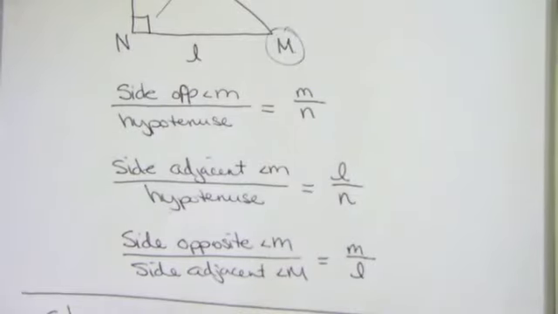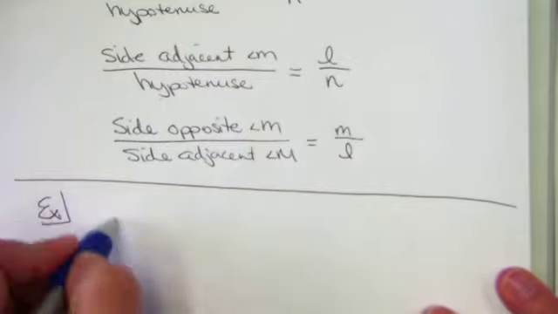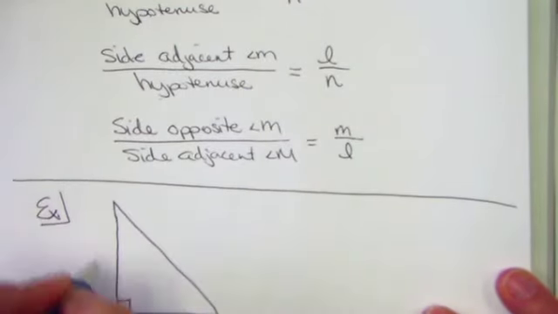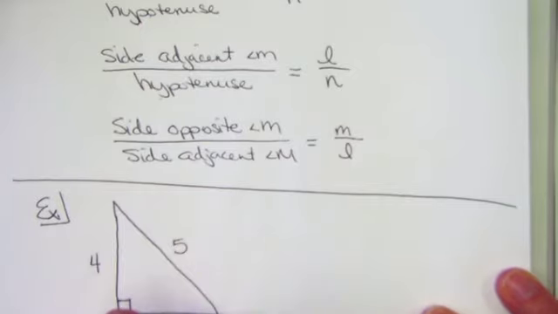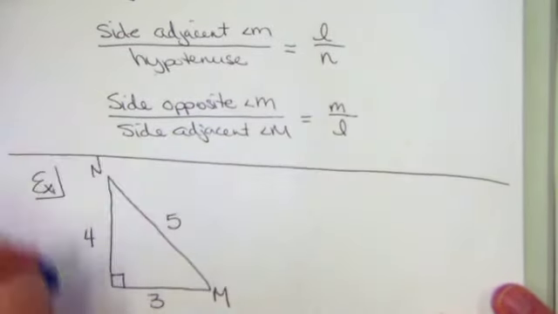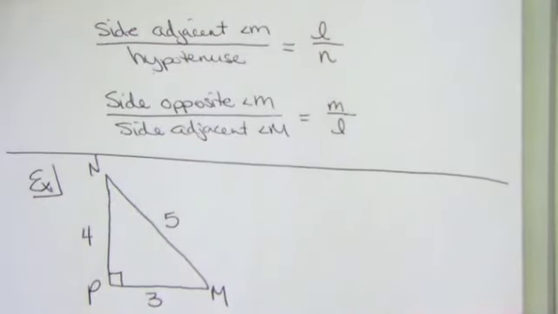Next example. Now we're going to look at a triangle. I'm going to put some numbers on the sides. All right.